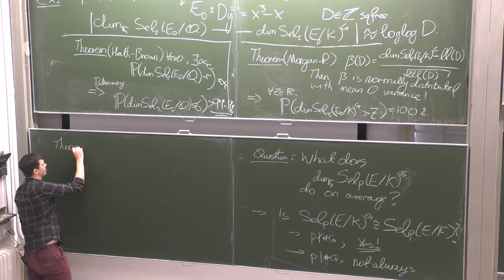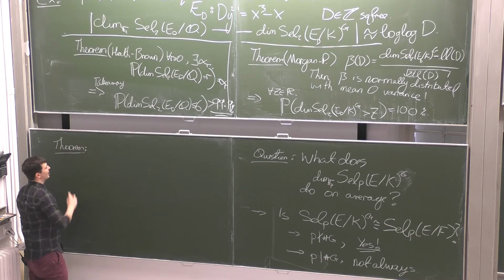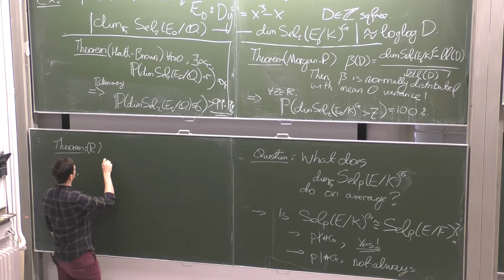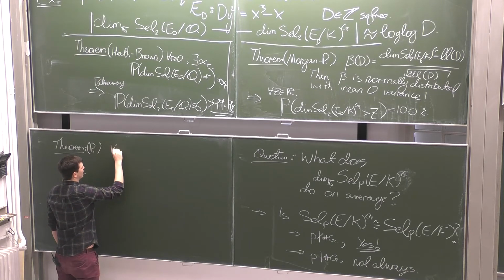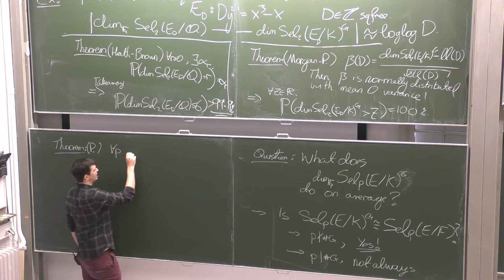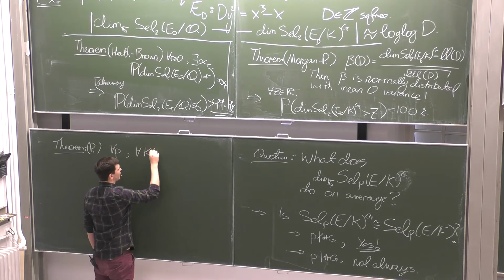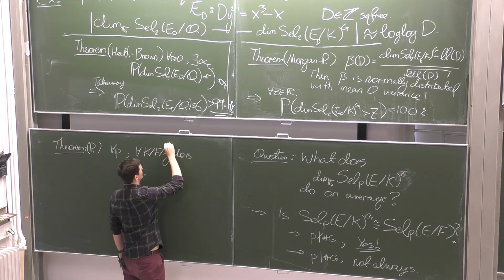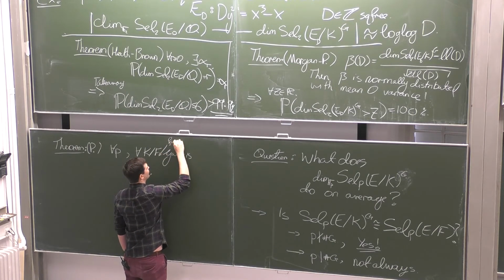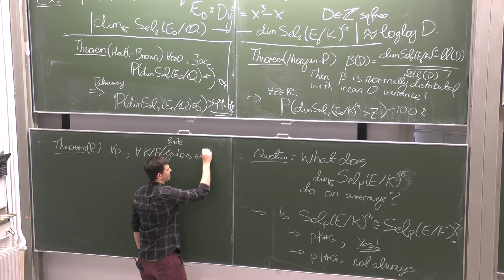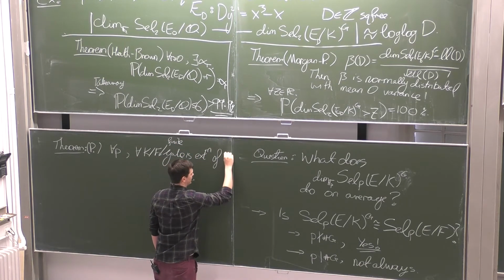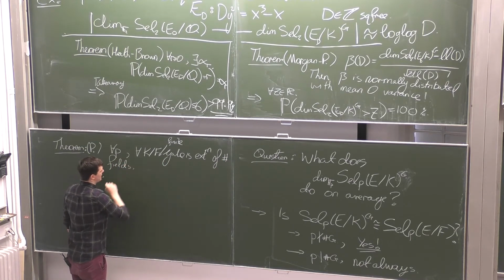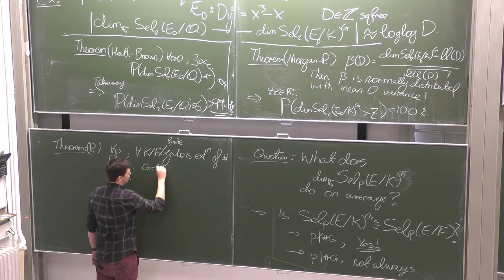So the main theorem that underpins today's talk, from about June this year, is for every prime number p, every Galois extension K over F of number fields, finite Galois, writing again G as the Galois group.